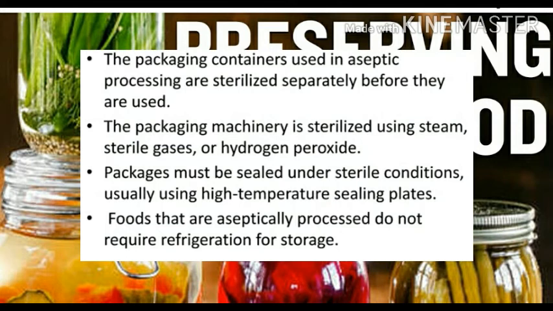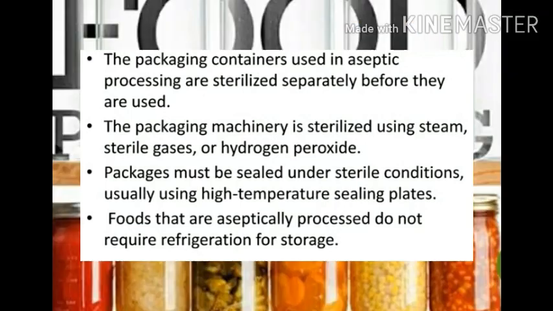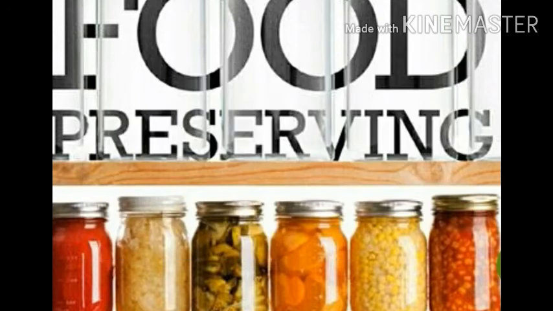Packages may be sealed under sterile conditions, usually using high temperature sealing plates. Foods that are aseptically processed do not require refrigeration for storage. So aseptic packaging is done on the same platform.